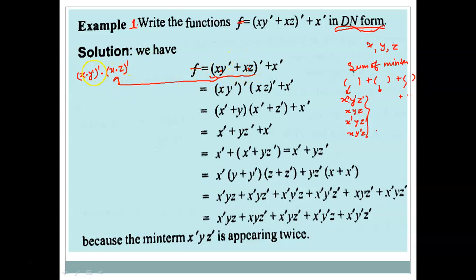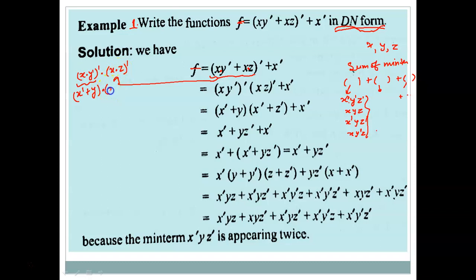Now again you can see x dot y complement. Further in this term we can apply De Morgan's law. So it gives you x complement, and dot changes to plus, and y complement gives you y. Now again apply De Morgan's law at this step.